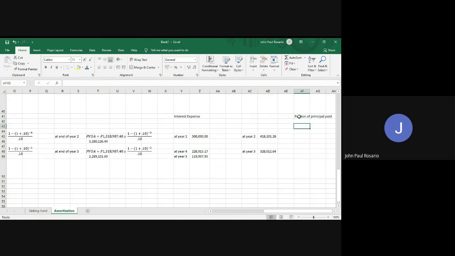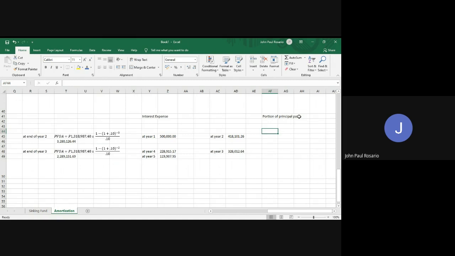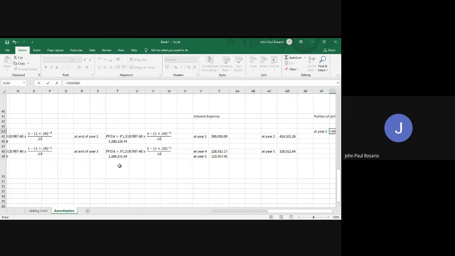Okay, for portion of principal paid, at year 1, it's simple. At year 1, it's 5 million, and then you simply deduct from it the present value at the end of year 1.